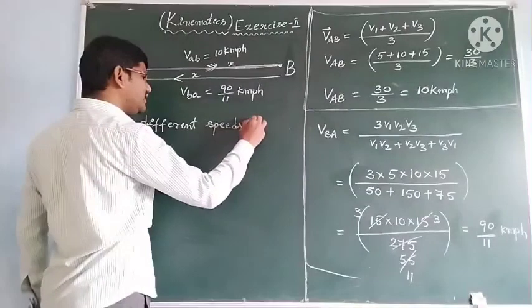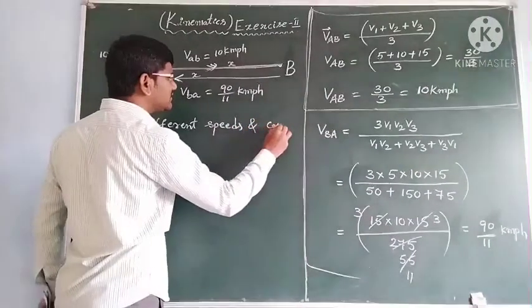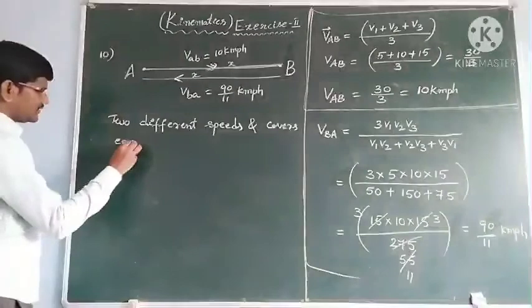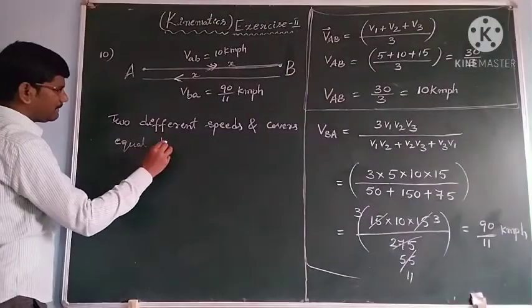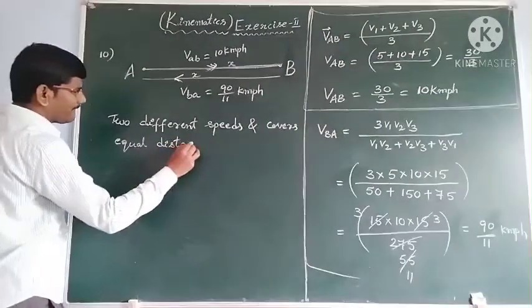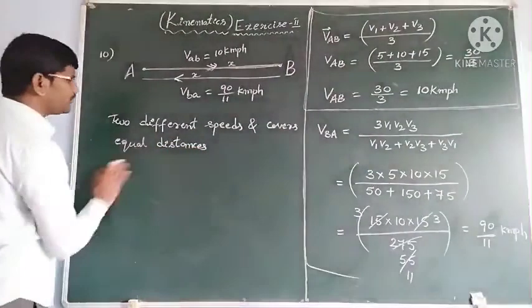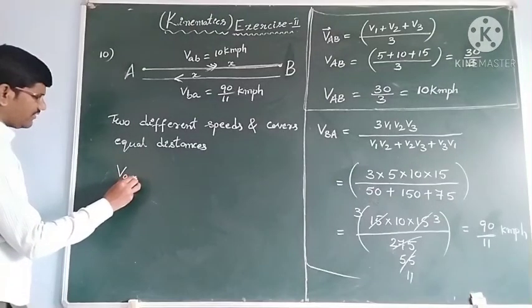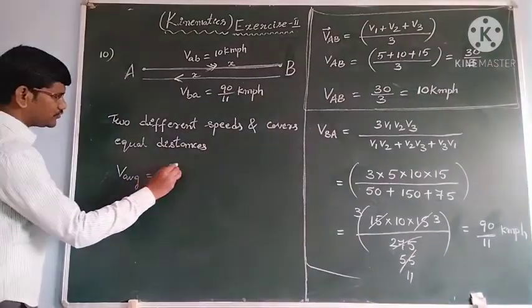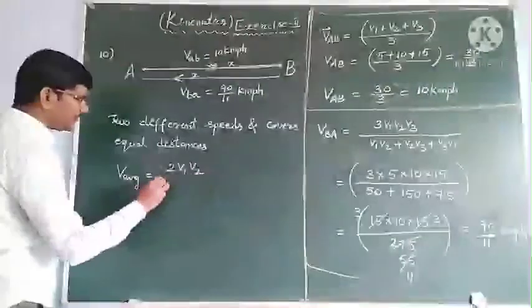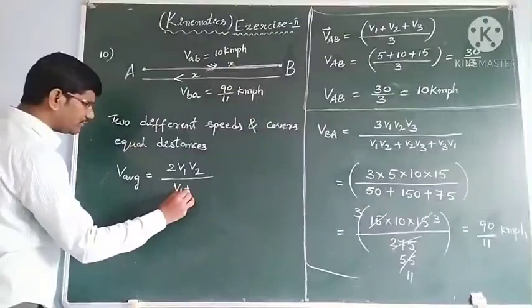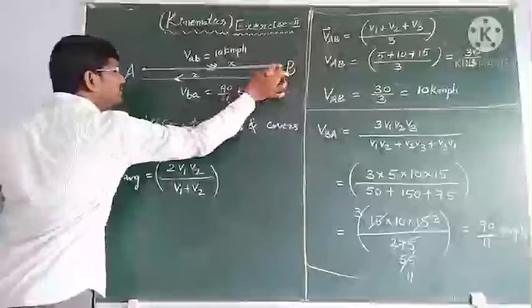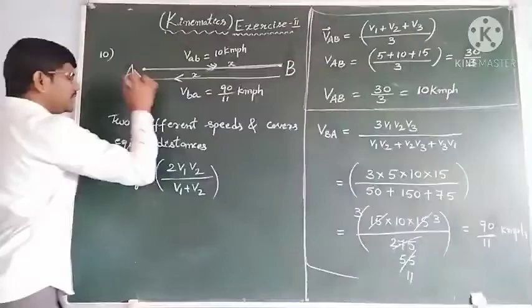Then the average speed formula is V average equal to 2 V1 V2 by V1 plus V2. Here V1 means A to B, V2 means B to A.